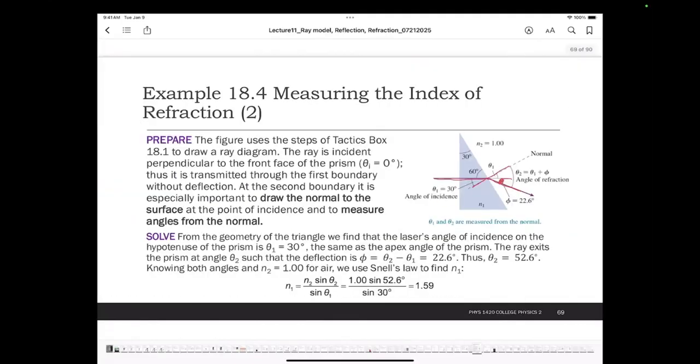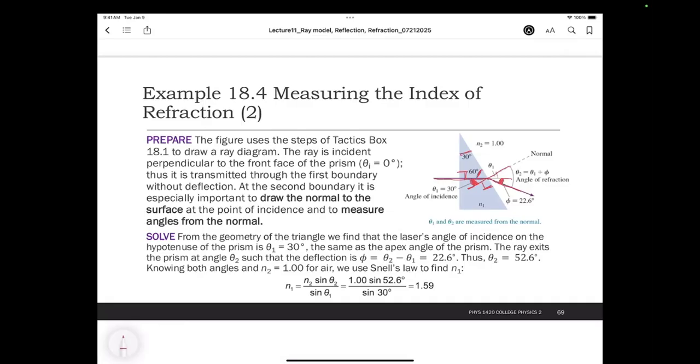We know this is 30 degrees. This is 60 degrees because this is 90 degrees, right? So this is 30 degrees. The incident angle is 30 degrees, and the refracted angle is what?